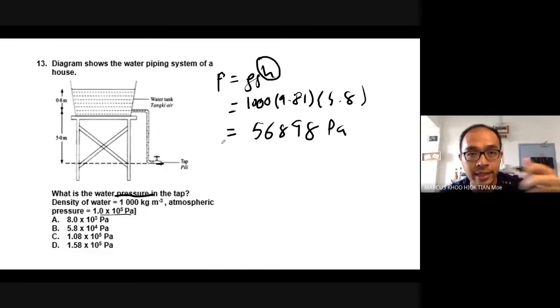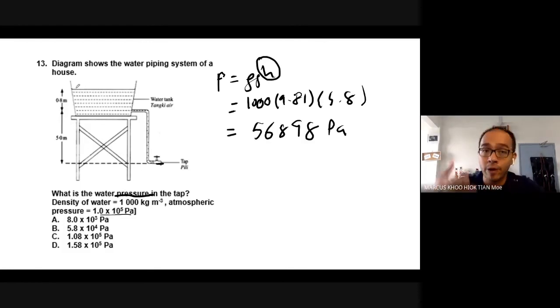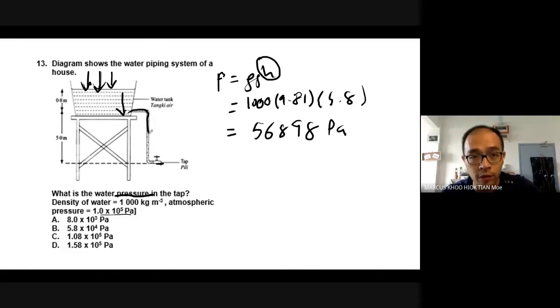This is the next subtopic. So there is actually another pressure pushing the water down into the tap, which is the atmospheric pressure. This is just an introduction. We'll talk about this in the next class. There is atmospheric pressure on top of the water pressure that is pushing the water over here.